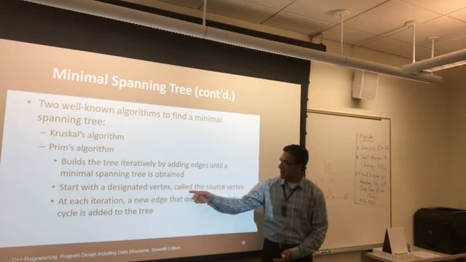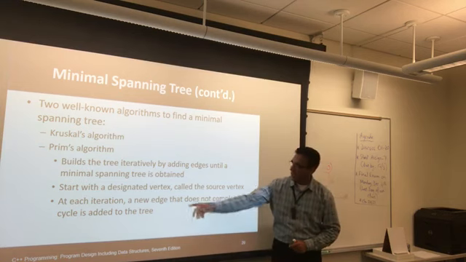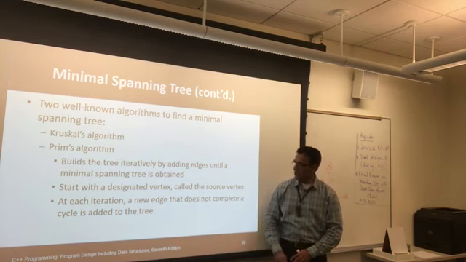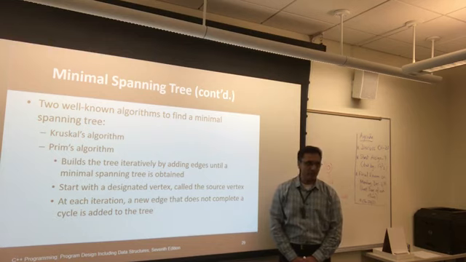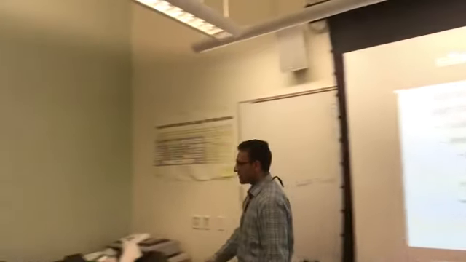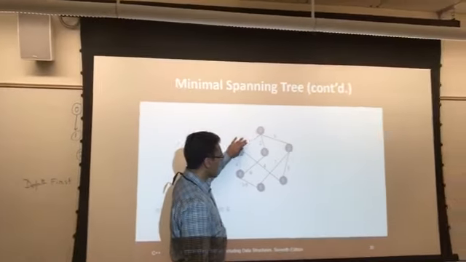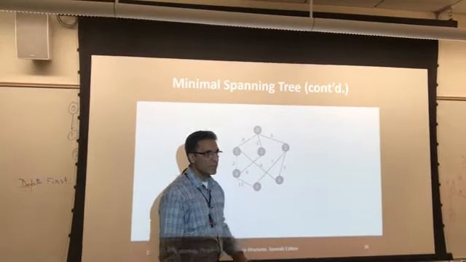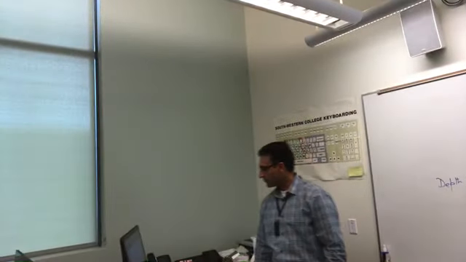Start with a designated vertex, called the source vertex, and at each iteration, a new edge that does not complete a cycle is added to the tree. So you can start from one side, for example from 0, and continue to visit the other vertices and find the weight for this tree.